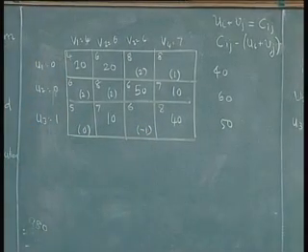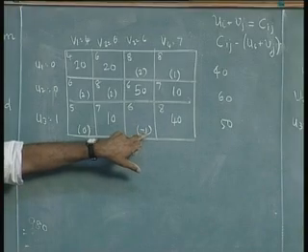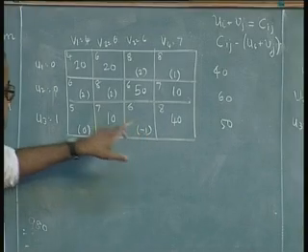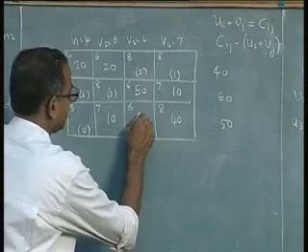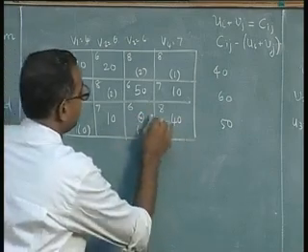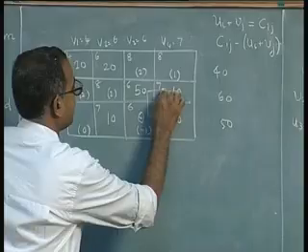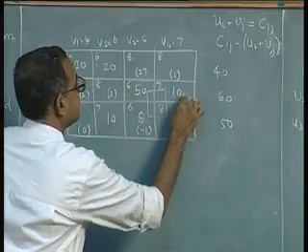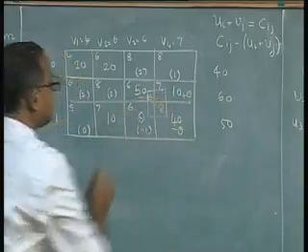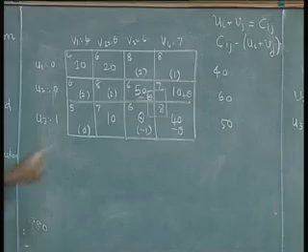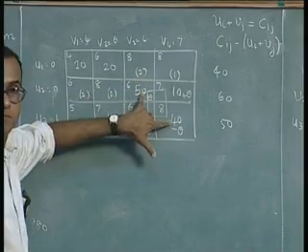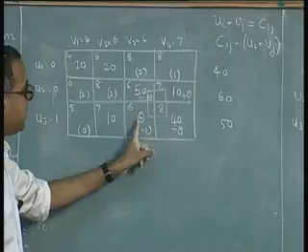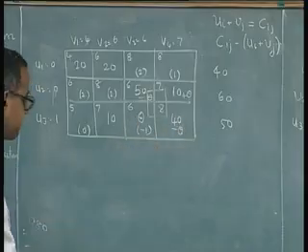Now there is a minus 1, there is one entering non-basic variable which shows a decrease in the objective function for a minimization problem. So put a theta here. Now the loop will be this: 40 minus theta, 10 plus theta, 50 minus theta. Once again as we increase theta, these two decrease, so the limiting value of theta is 40.